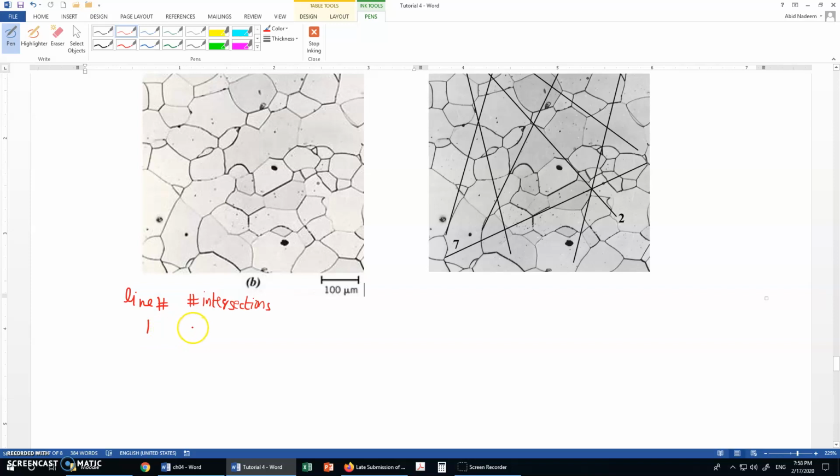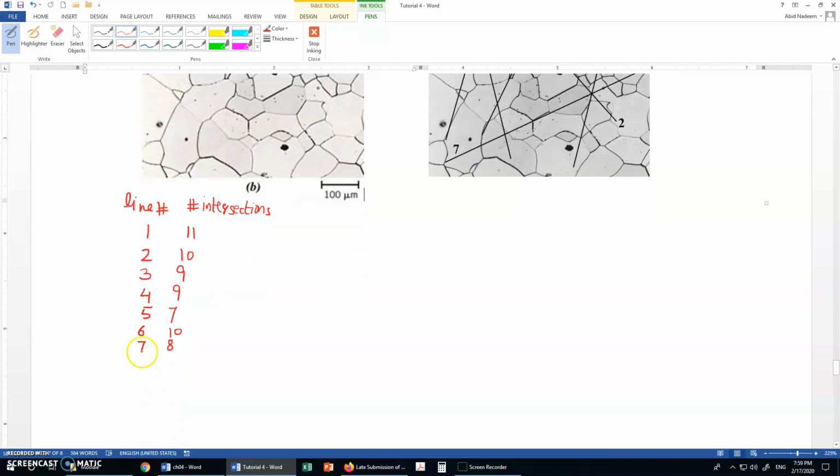Line 1 I have already counted, so line 1 will have 11, line 2 will have 10, 3 will have 9, 4 will have 9, 5 will have 7, 6 is 10 and 7 is 8.